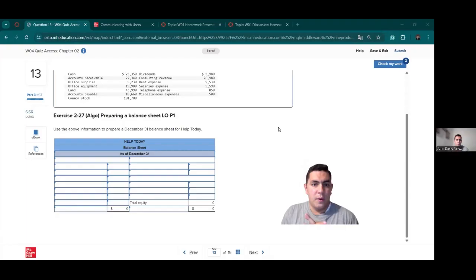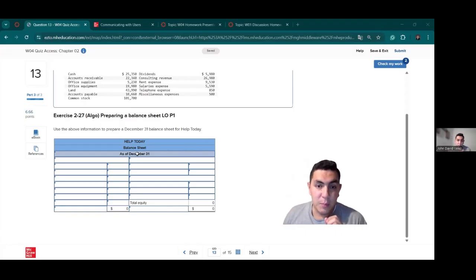Now let's move through question 13. In question 13, we need to create a balance sheet. The balance sheet describes the financial position, with the amounts of the assets, liabilities, and equity at a point in time.